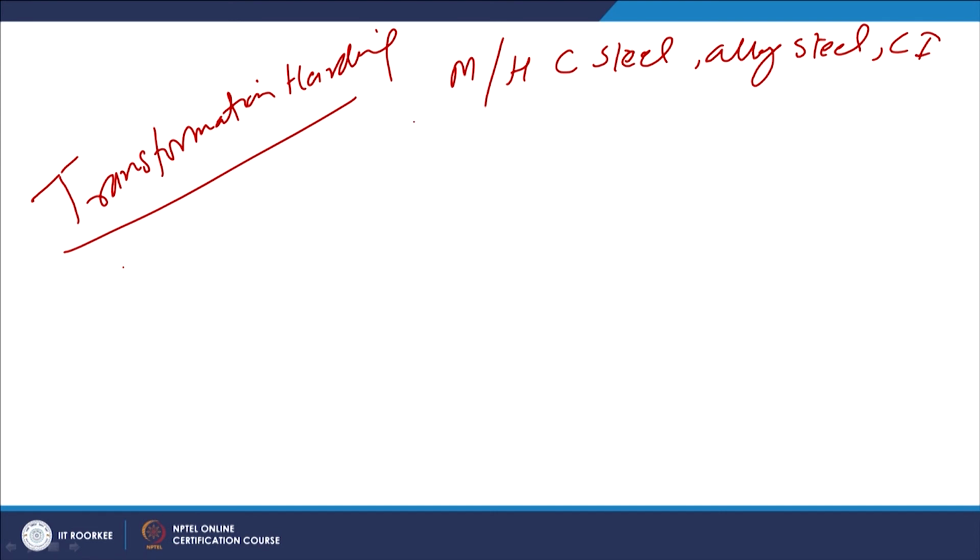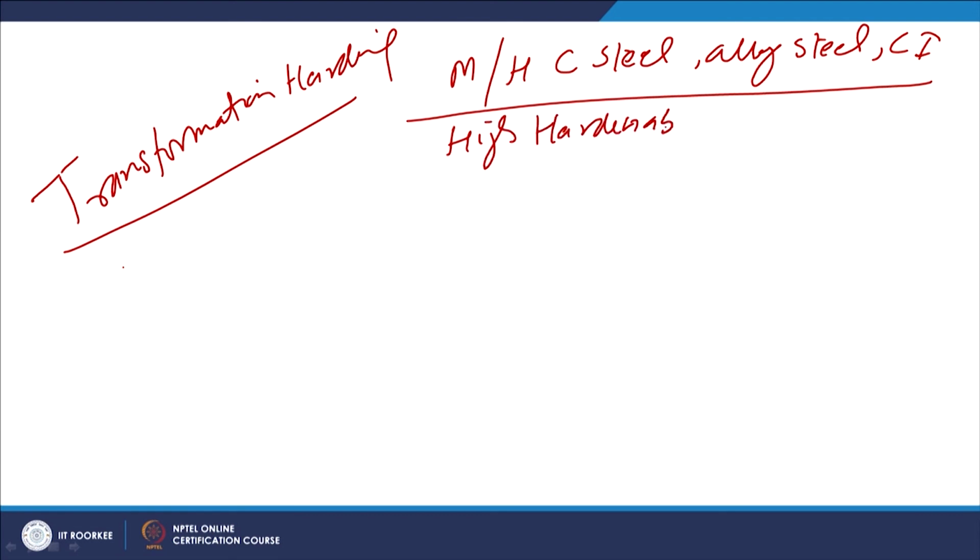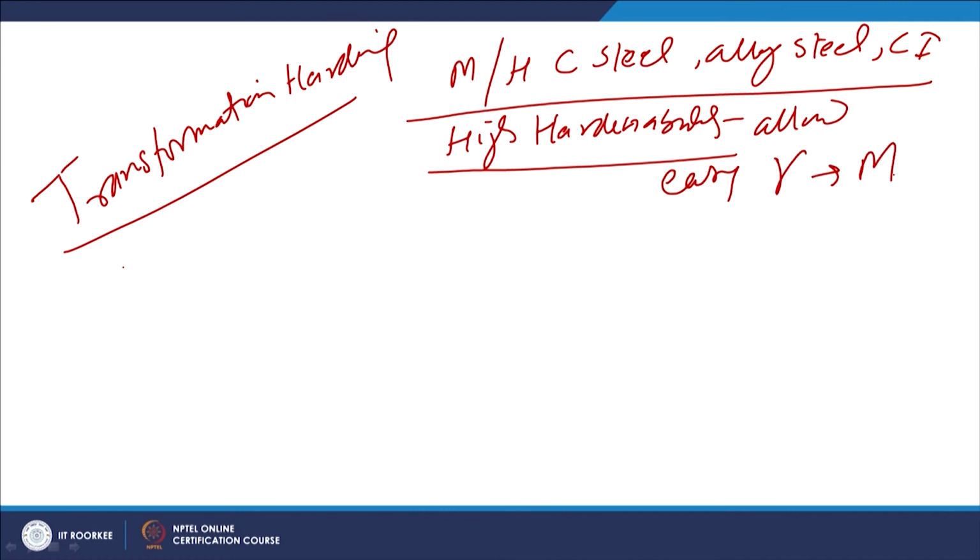As I have said, these steels offer very good or high hardenability, which means these kinds of metals allow easy austenite to martensitic transformation due to low critical cooling rate.